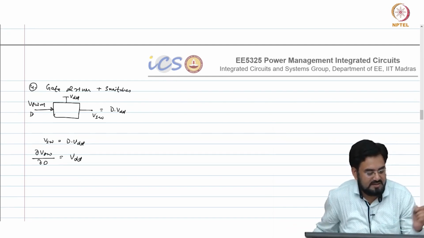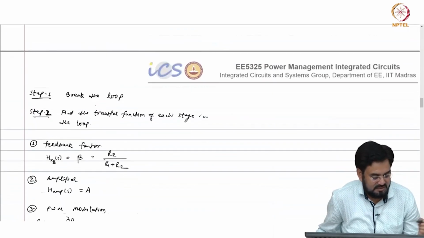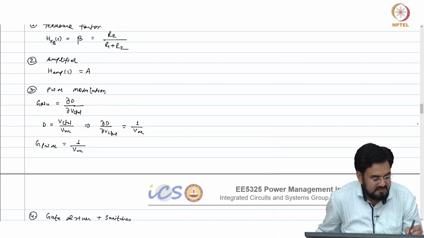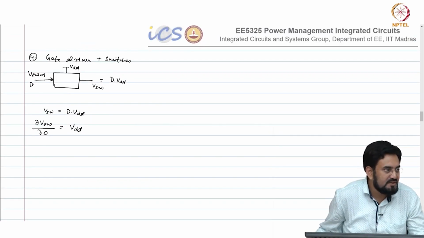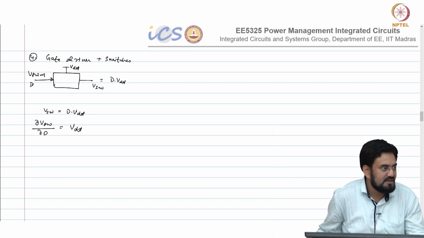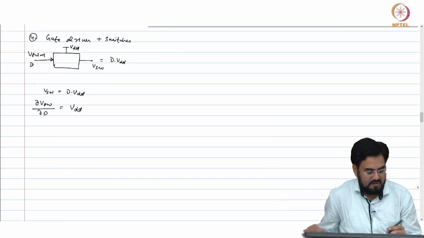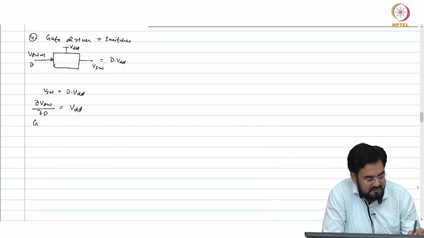That is the change in this output voltage VSW with respect to the input, which is the duty cycle. Because in the third stage we are considering that the output is duty cycle, the input to the fourth stage should be duty cycle only. That is why I am considering D here. VPWM is nothing but D for the small signal. So, the gain, if I call it G of power stage, equals VDD.